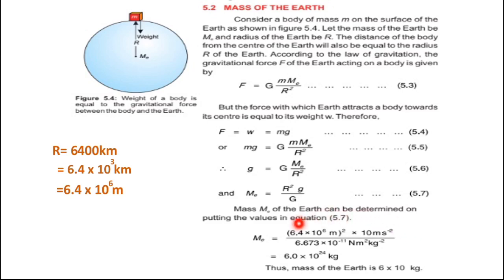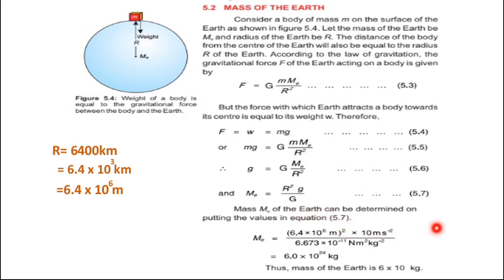If we solve this equation, we'll get the mass of the earth, which is equal to 6.0 multiplied by 10 raised to the power 24 kg, or rather an approximate value of the mass of the earth. So by using this relation and knowing the values of r, g and capital G, we can find out the mass of the earth.